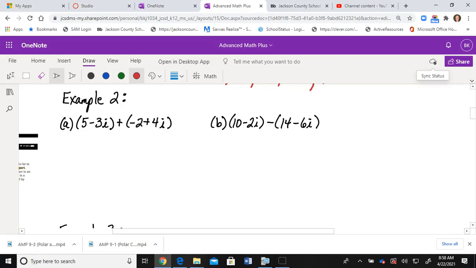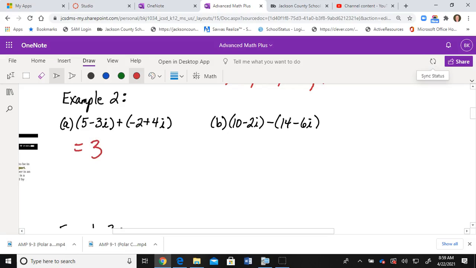You always write the real number first and then the imaginary number. And if you're adding, do you think you can add something that's real to something that's imaginary? No. Can you add something that's real to something that's real? Yes. Can you add something that's imaginary to something that's imaginary? Yes. So all you do is add the real numbers to each other and add the imaginary numbers to each other, and you're done.